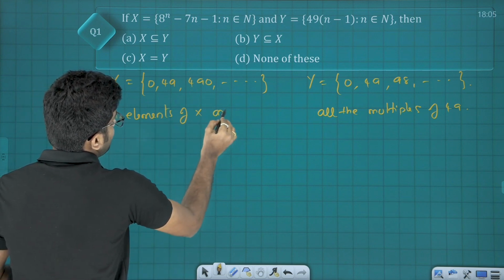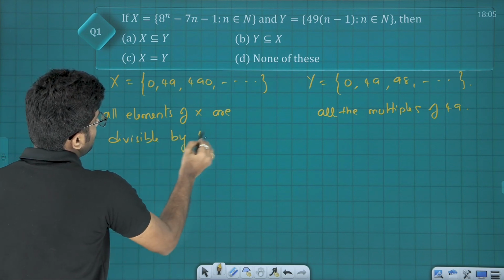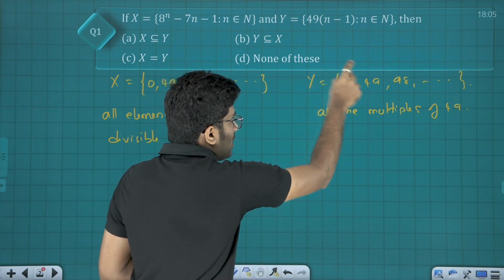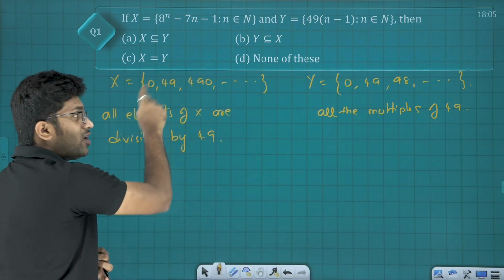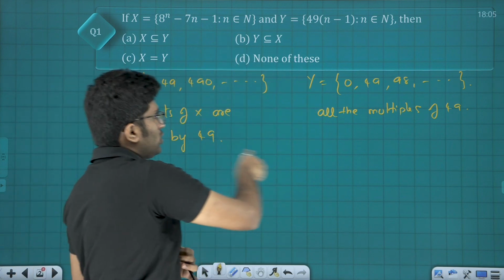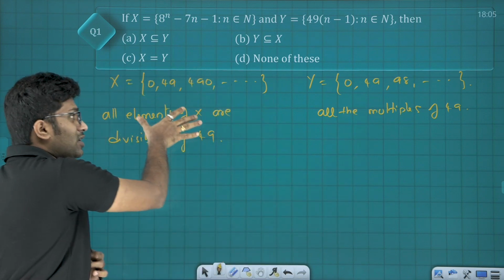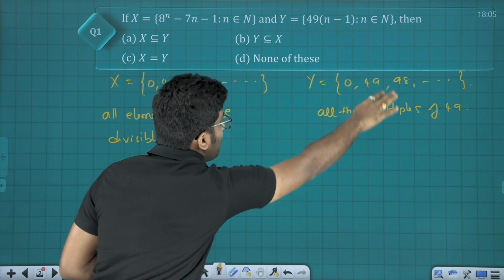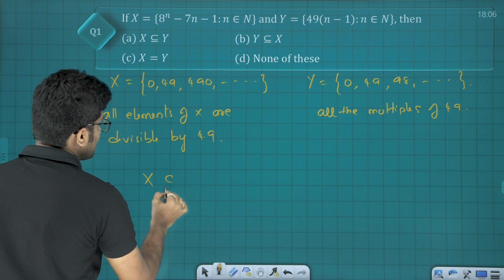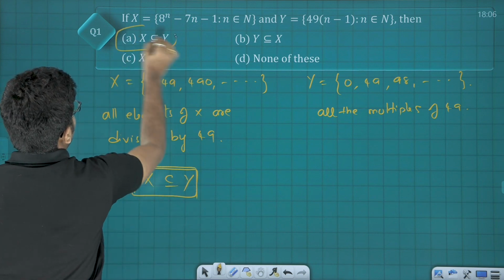Every number which is divisible by 49 will be a multiple of 49 only. So each and every element of x will be in y, but all the elements of y won't be in x. So clearly x is a subset of y, which is option A.